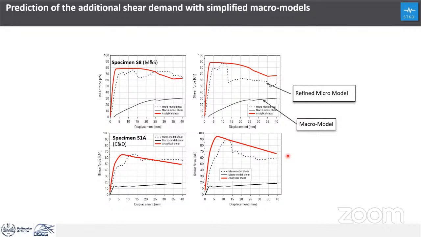The real demand that we obtained from the micro model is this dashed line here, and this is what we get with an approximation using the macro modeling approach plus the additional shear demand that we are evaluating through these previous relations that I showed you.